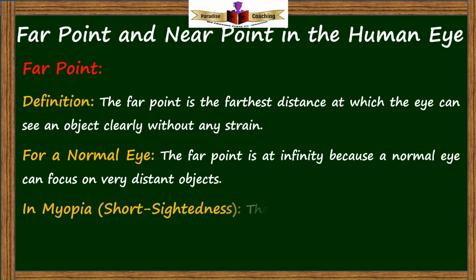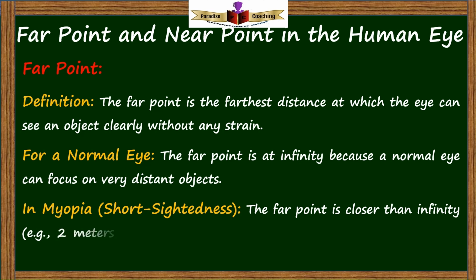In myopia, short-sightedness, the far point is closer than infinity. Example, 2 meters, 50 centimeters, etc., meaning the person cannot see objects clearly beyond this distance.